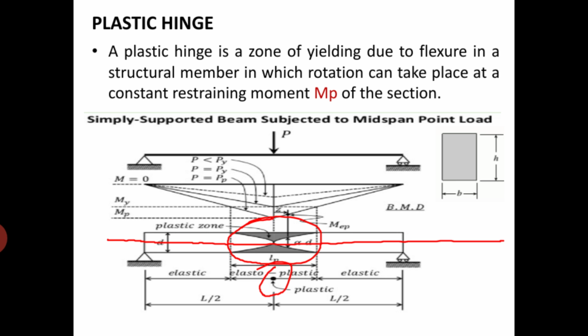So this is how, stage by stage, the plastic hinge has formed. At the initial stage, when we loaded, the load was lesser than the yield load. Then we got the deformation. Then when it reached the yield load, again we got the second deformation, and the third deformation.